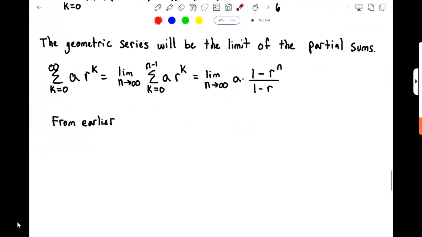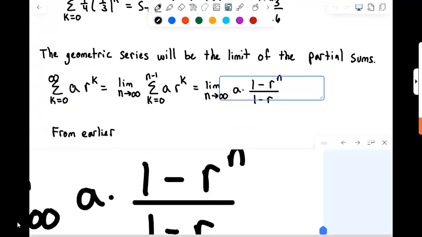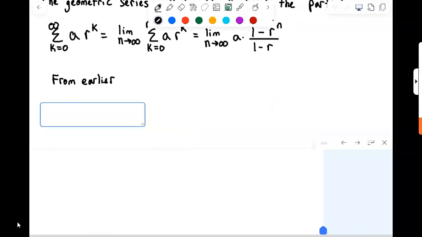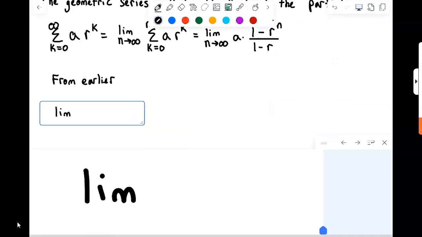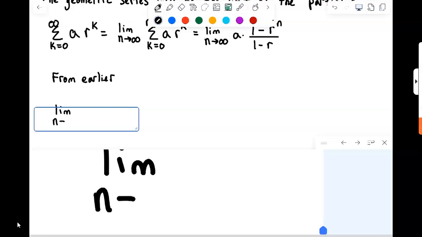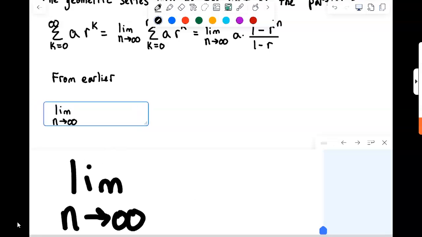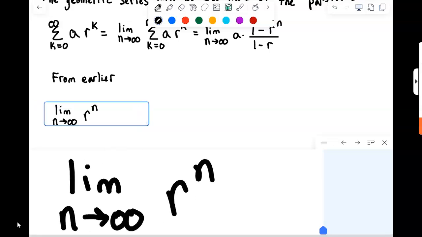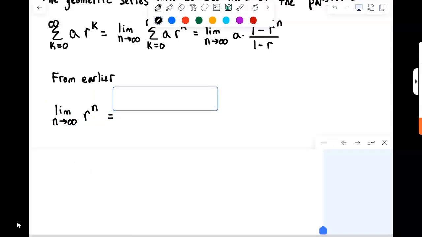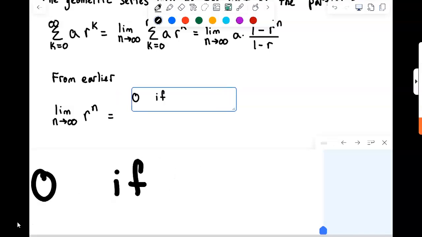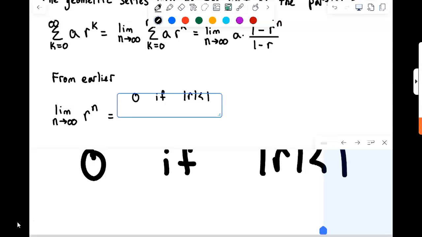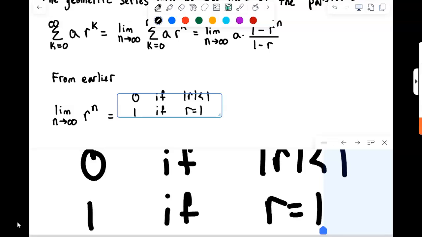So taking that information and summarizing, we can say the following: the limit as n goes to infinity of r to the n is equal to 0 if the absolute value of r is less than 1. It's equal to 1 if r is equal to 1.